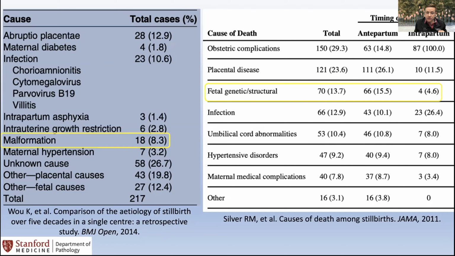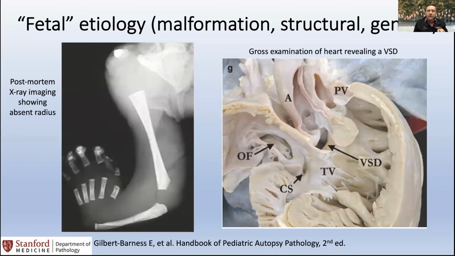Now, in those situations, which as you can see here, that's about 8.3% and 13.7%, that's where I think a lot of people tend to think in cases of IUFD or even a neonatal death that an autopsy per se is what's needed to help find the answers. And I think that's a reasonable conclusion to draw in these situations because they are structural.